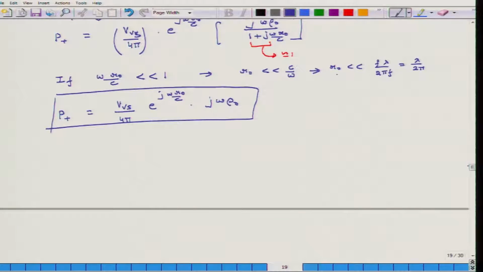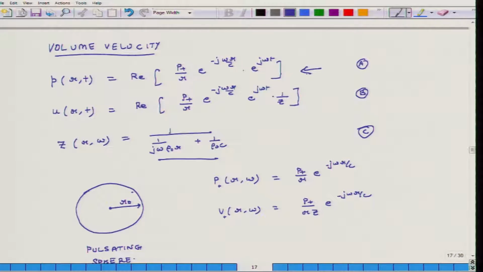Once I know the value of P plus, I can say that actual pressure is what? Real of P plus e to the minus j omega r over c e to the j omega t. Okay. So, we go back to the original relation.